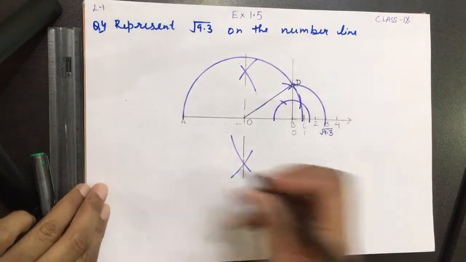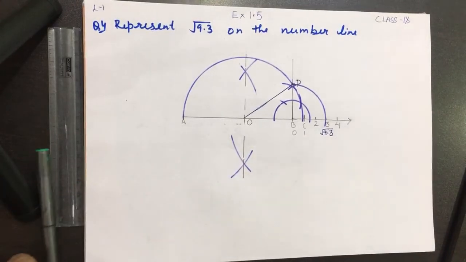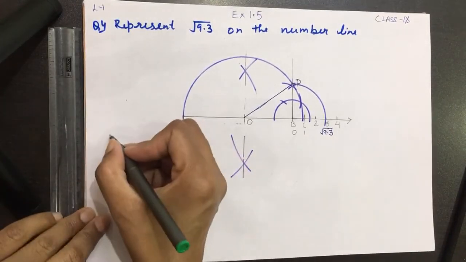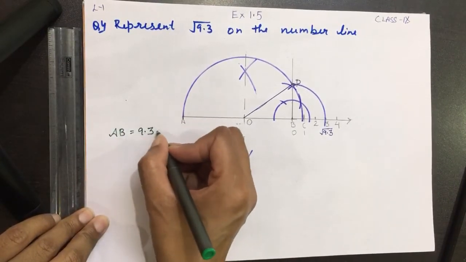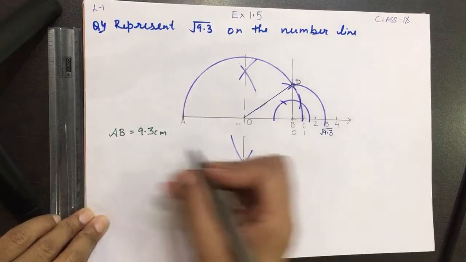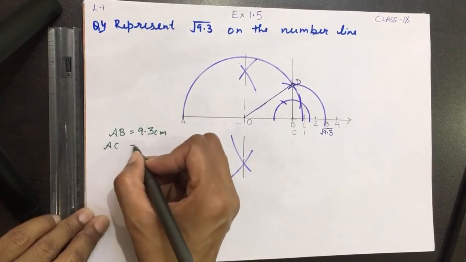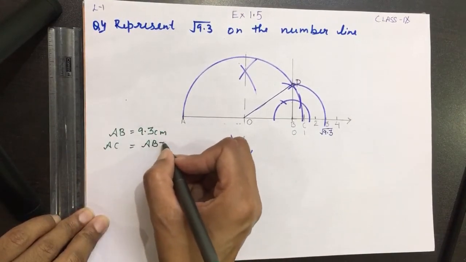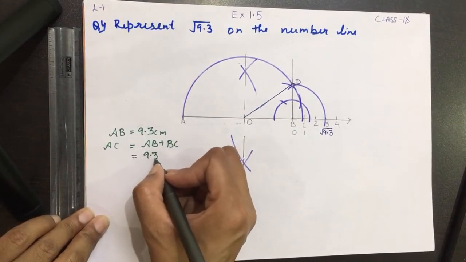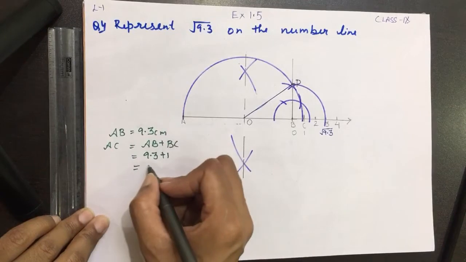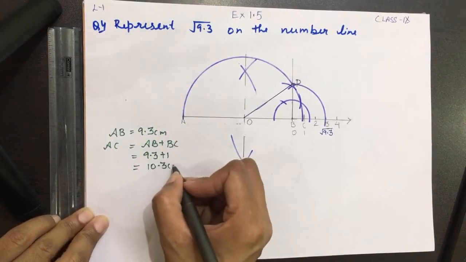Let us see. In AB it was 9.3 centimeter, and then AC we have got by AB plus BC, and it was 9.3 plus 1 equals 10.3 centimeter.